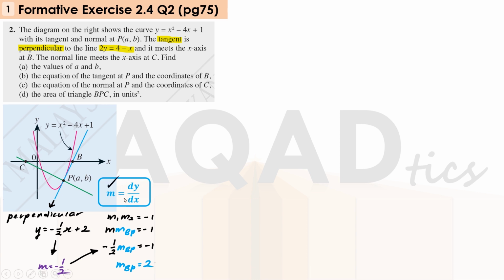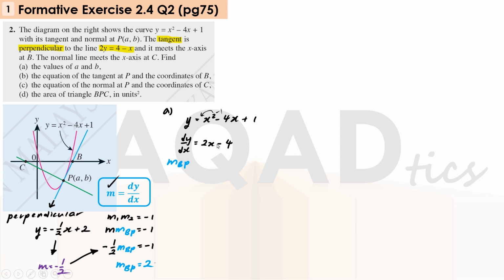And then we find dy over dx using this equation. Move the 2 to the front, and 2x minus 1 gives 2x minus 4x. I just extract the value, and the plus 1 will differentiate to become 0, so just ignore it. Now dy over dx, I can change it to m, or in this case m_BP.